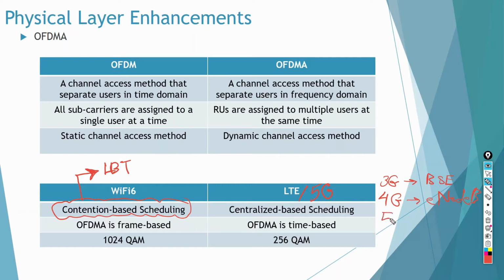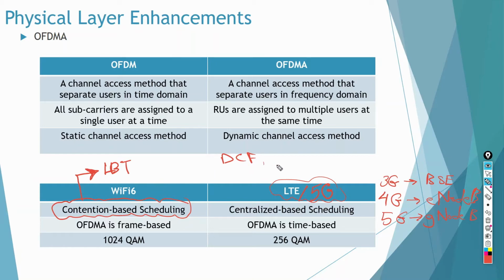And in 5G nowadays, it is called gNodeB, which is next generation node B. Just to make the operation more obvious, in Wi-Fi 101 we studied DCF, which is distributed coordination function.